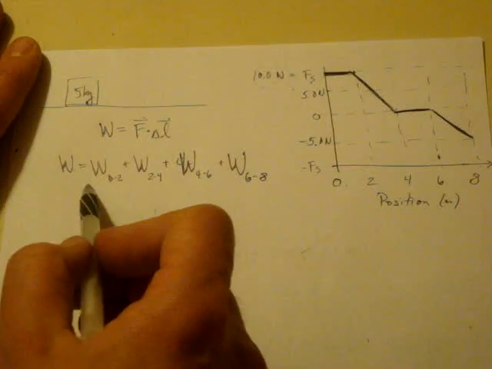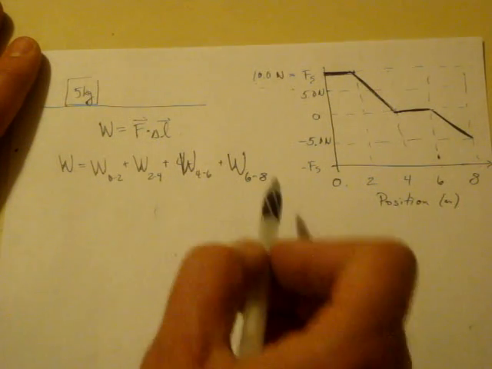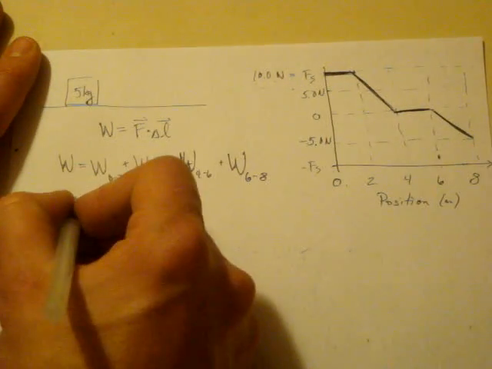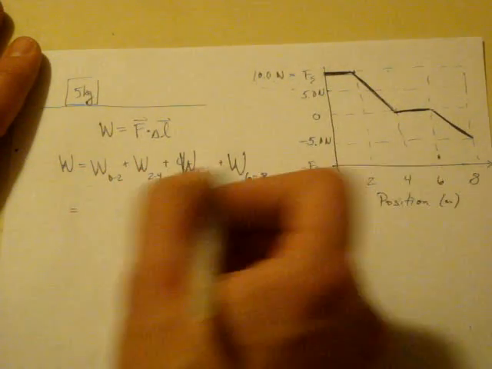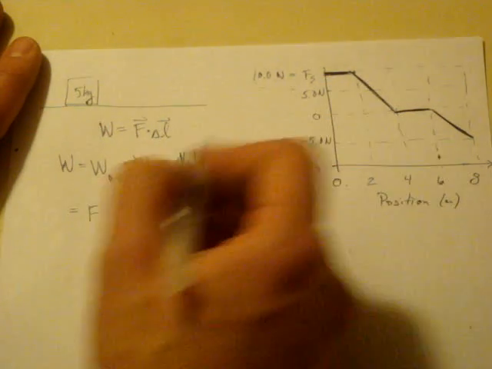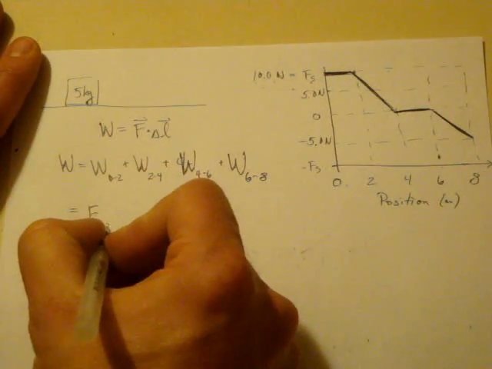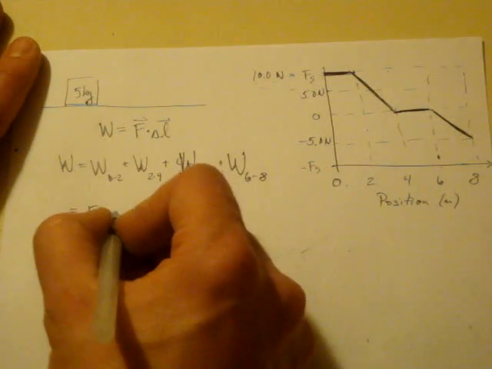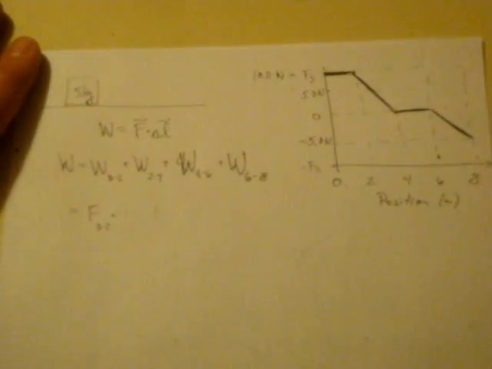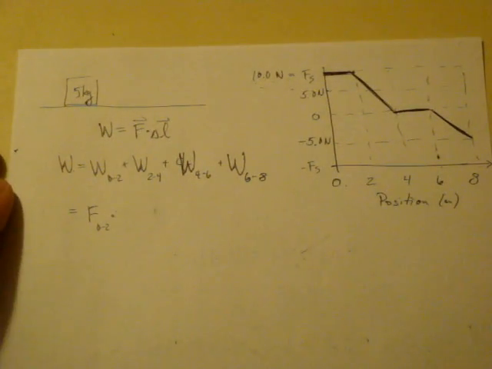So as I've split this up into the pieces of work that I need to consider, each of those is going to be important. It's pretty obvious for this first piece that the work done is equal to the force between that interval, 0 to 2, times that displacement, which is just 2 meters. It says it moves in a straight line, and these forces are all in a straight line, so we don't have to worry too much about the scalar products.